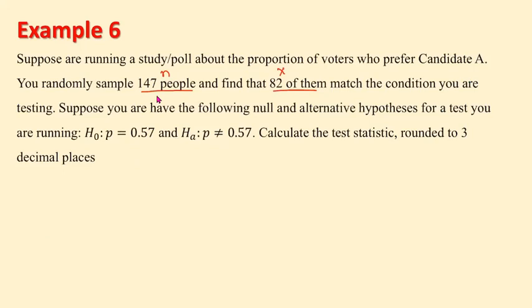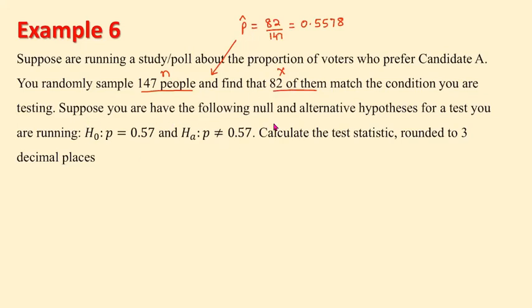If you want to find the proportion of people who prefer candidate A, that will be 82 out of 147, which is equal to 0.5578. Okay, that's our p hat.